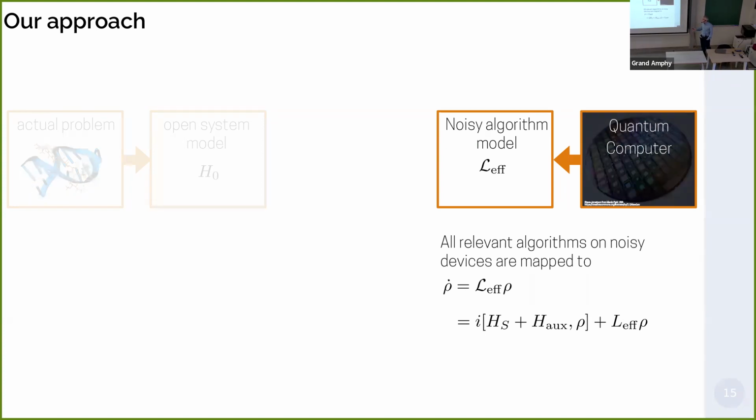And out of this, we produce what we call the noisy algorithm model, which is a master equation where you have your coherent time evolution coming from a Hamiltonian. It can be many things. I write it down here as H system to be reminiscent of the open system model, plus maybe additional degrees of freedom, and some type of Lindblad-like terms that are basically the transformed decoherence.